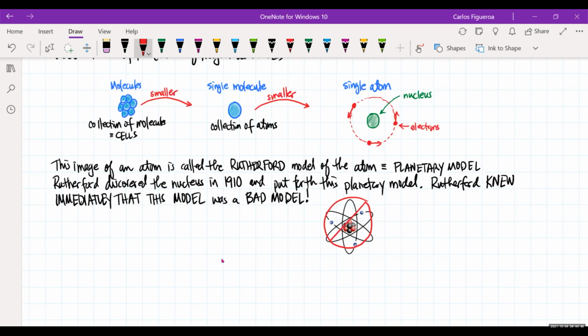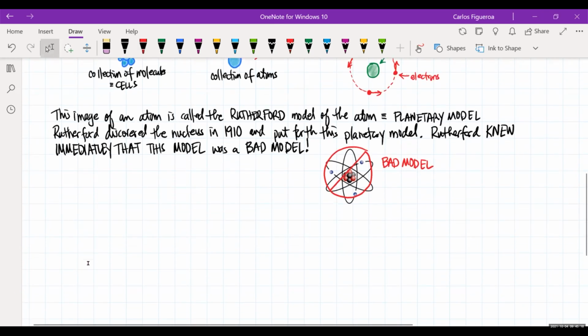That image of an atom is a bad model. One of the goals in this chapter here is to give you a much better model, which is the quantum mechanical model of the atom. And there's very, very strong data that shows why this is a bad model. But that's where I'm really going with this.